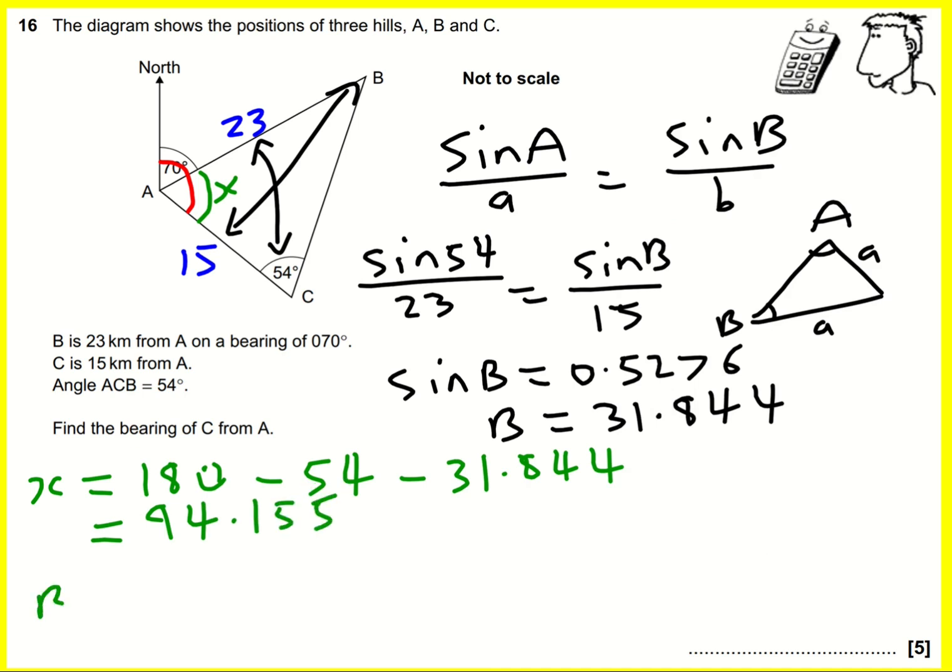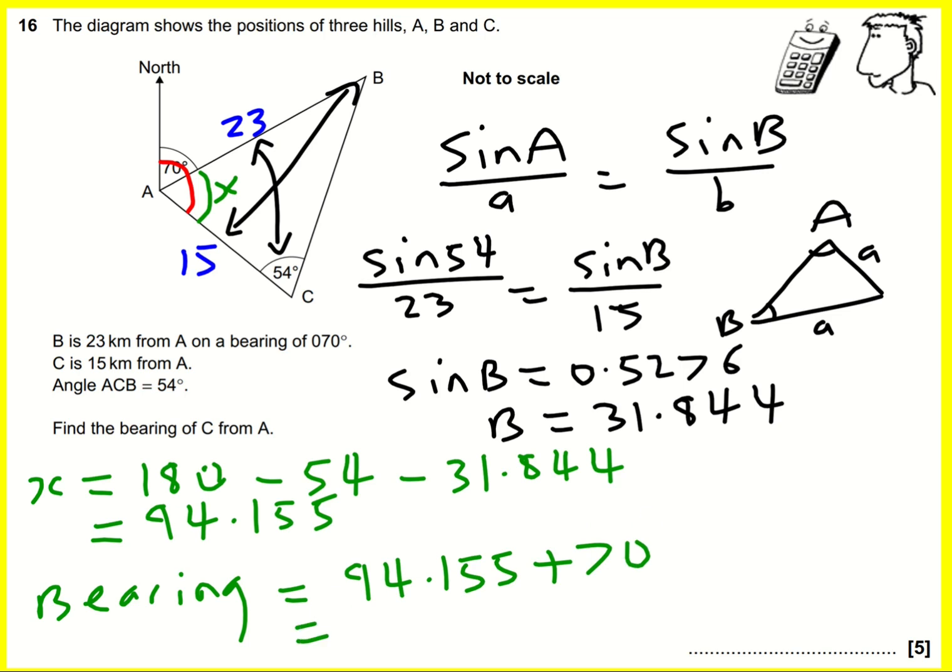So the bearing will equal 94.155 plus 70, and that's going to be 164.155 degrees. I'll round that to three significant figures, 164 degrees.